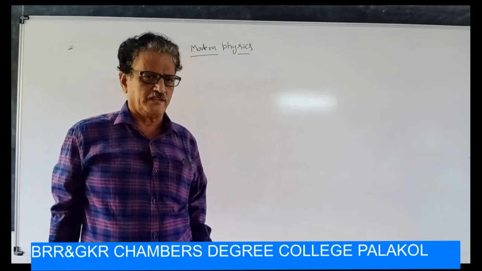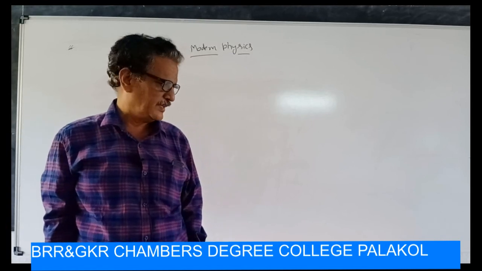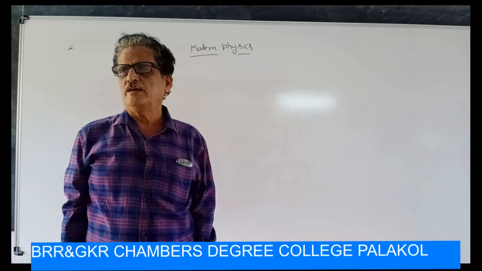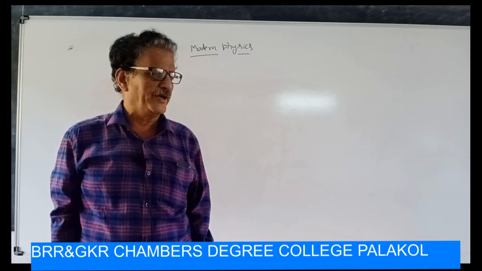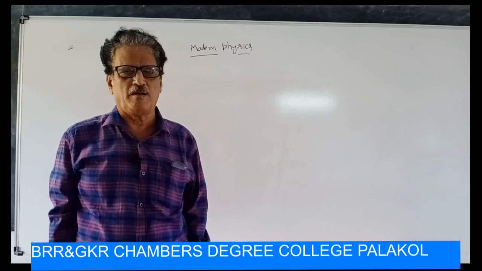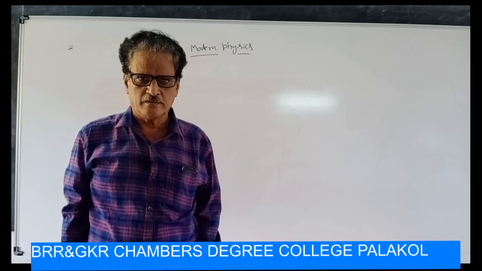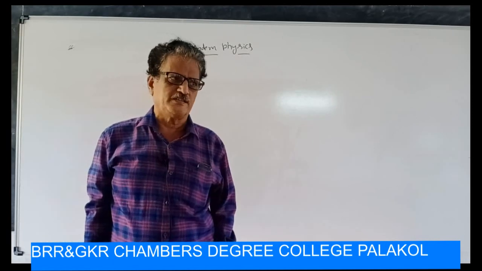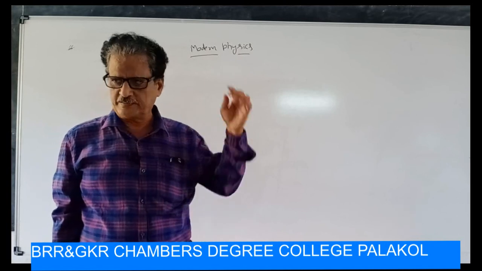In the 20th century, so many discoveries were made like lasers, computers, digital electronics, microprocessors, atom bomb, etc. These were all discovered in the 20th century. That's why this physics is called modern physics.